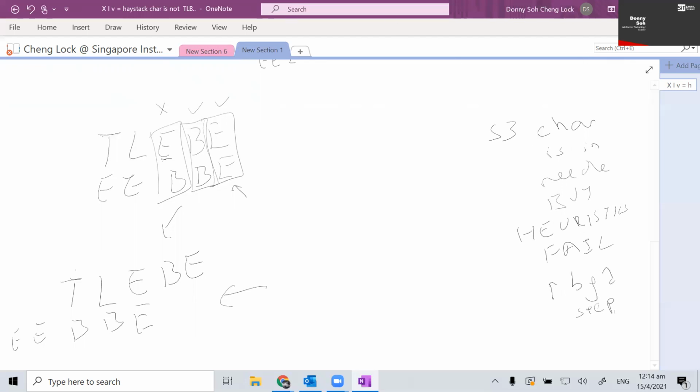Okay, this is in slide number 49. In this scenario, what we do is we just increase it by 1 step, which will give T, L, E, B, E, E, E, E, E. We shift this by 1 step. So this is called the third scenario.